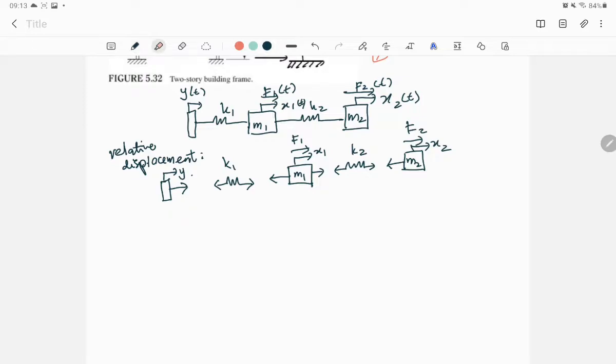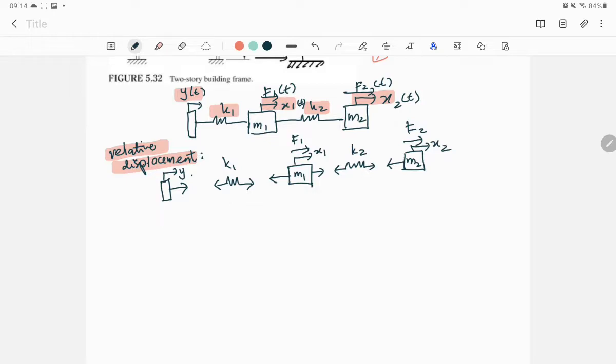So I've drawn here the assumption. Remember, the first step, when you have a 2 degree of freedom system, is to determine the relative displacement of any elements in between two positions, like in this case your K1 as well as your K2. K2 is in between X1 and X2, K1 is between Y and X. It's up to you whether you want to assume tension or compression, or a mix of the two.